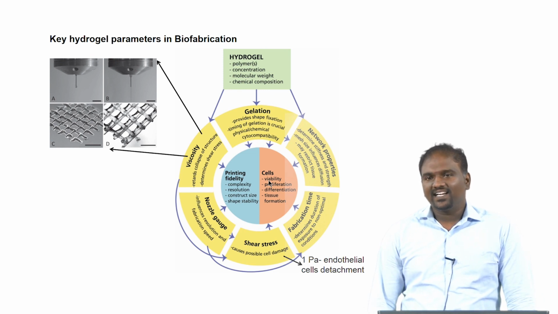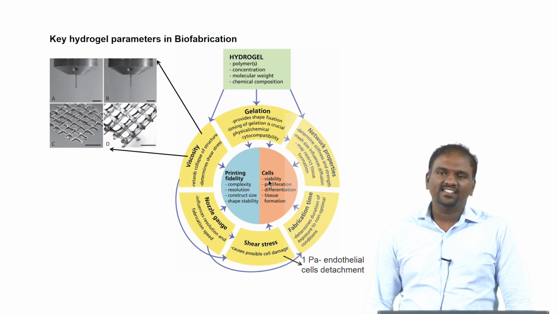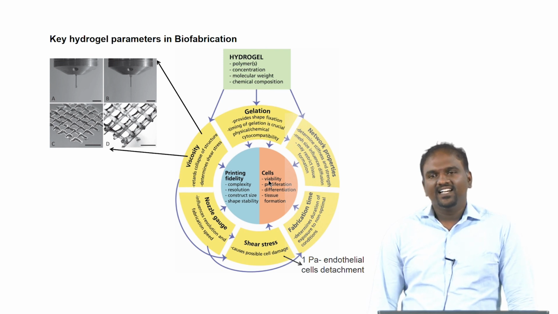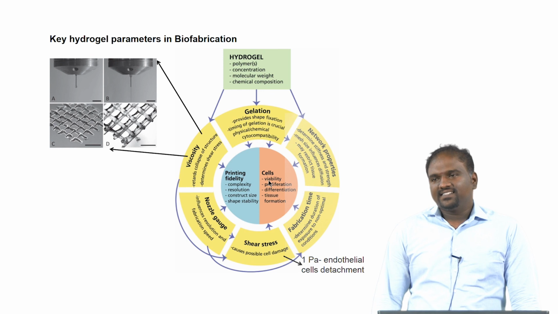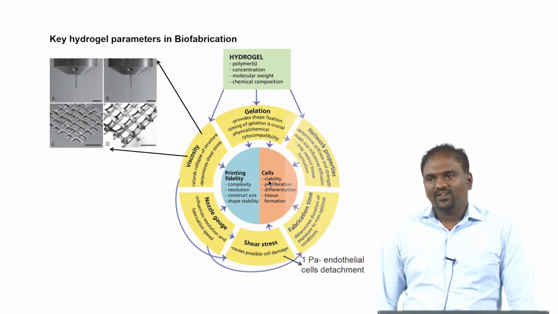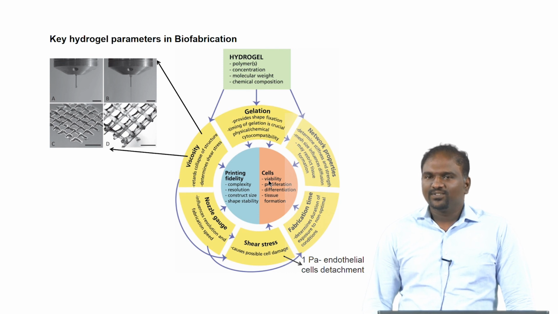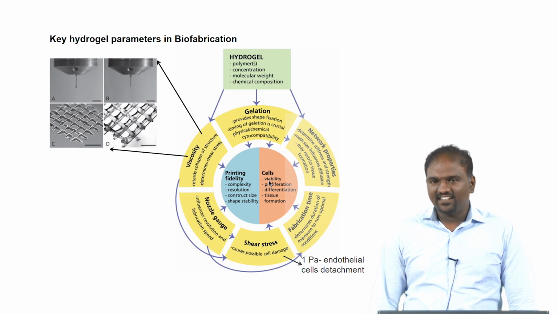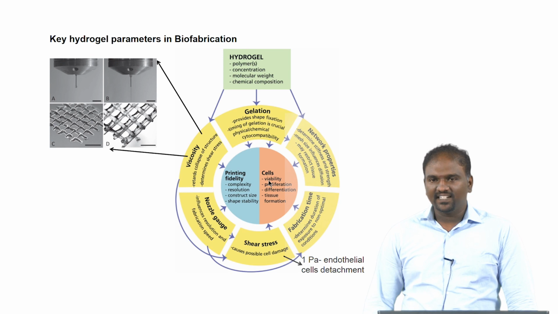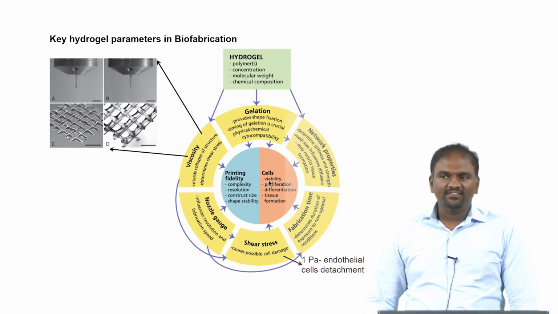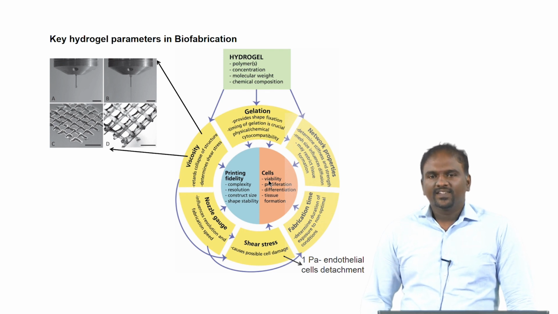Consider that even 1 Pascal is applied, and the cells are getting detached. It means that when we apply that shear in the needle, or in whatever printing technique we use, the cells will not survive. We will get the hydrogel and the resolution of our interest, but the cells will not survive. In that case, there is no point in doing 3D printing.